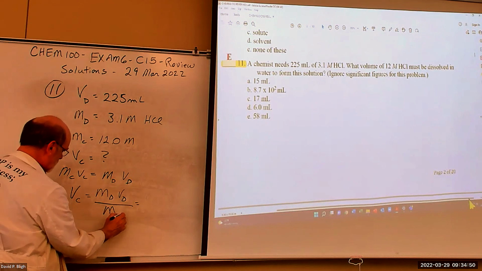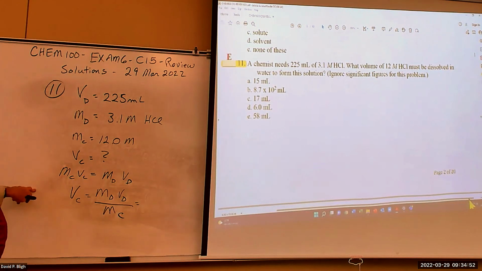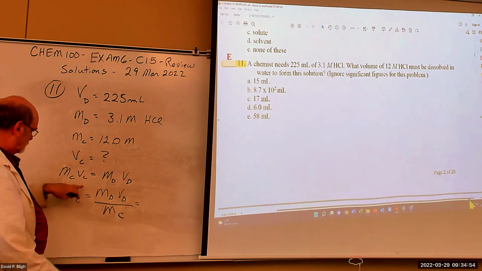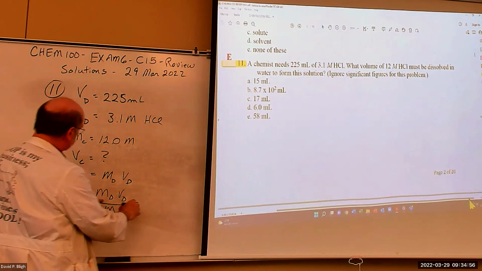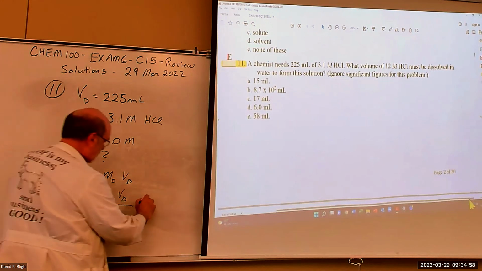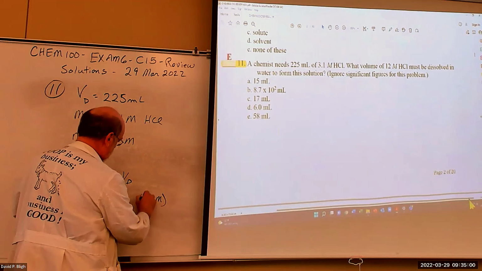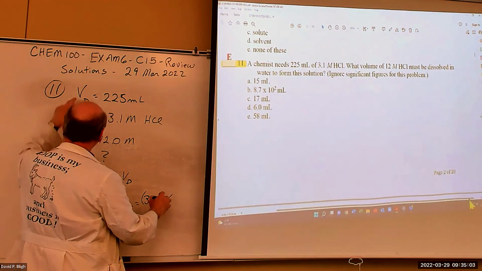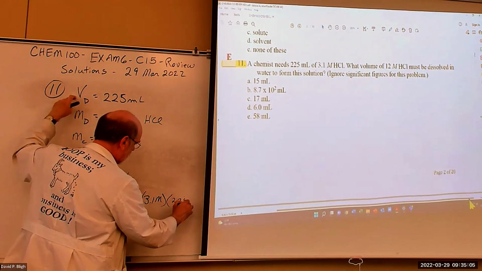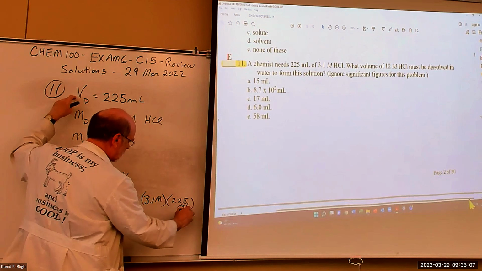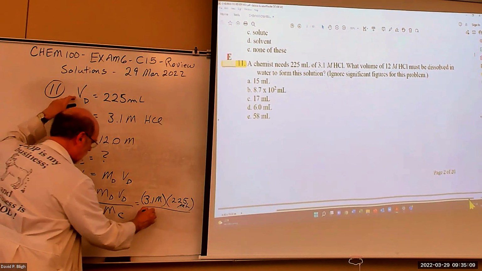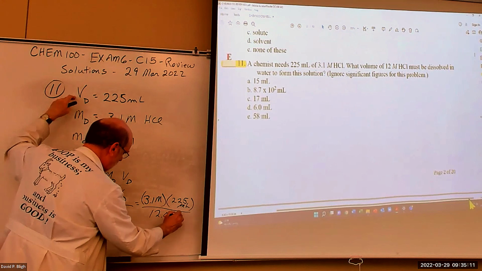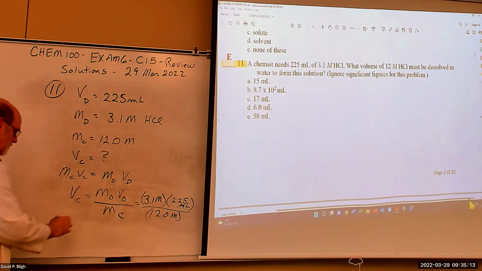This one's going to be concentrated. So the molarity of the dilute is 3.1 molar. The volume of the dilute is 225 milliliters divided by 12 molar. There we go.